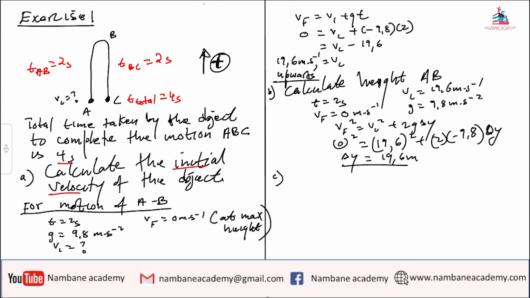At C, total distance covered. Bonolo, oh, she's not here. Let's check. Moteo, total distance covered. What is the total? Distance: 19.6 meters plus 19.6.